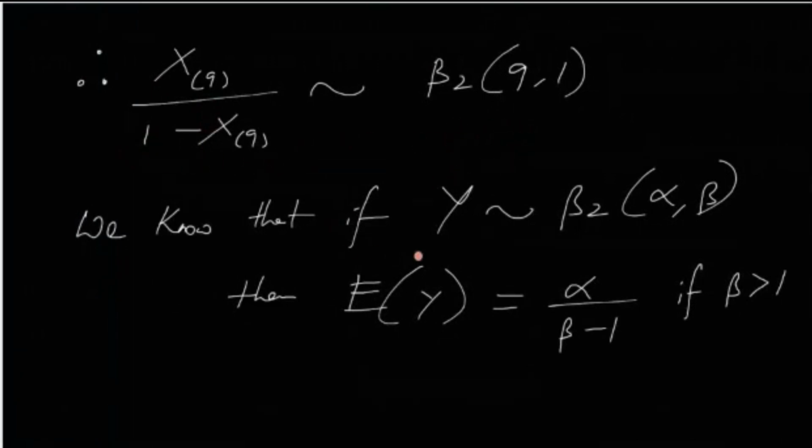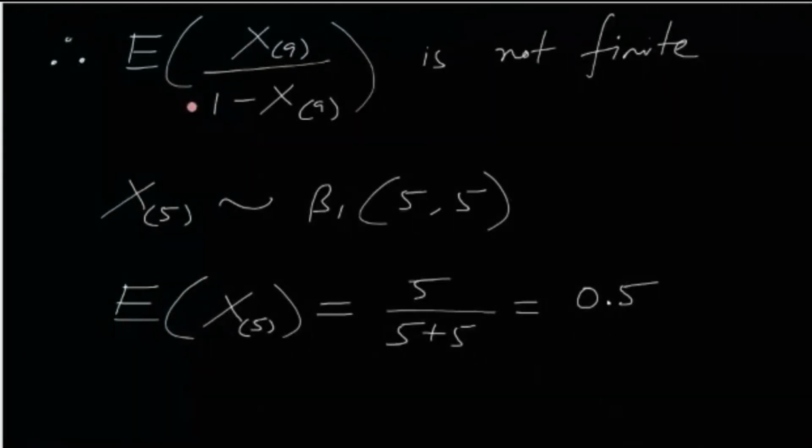Now we know that if a random variable Y follows beta 2 distribution with parameters alpha and beta, the expectation of Y is alpha by beta minus 1 if beta is greater than 1. That means if the second parameter is greater than 1, the expectation is finite and given by alpha by beta minus 1. But here the parameter is equal to 1, therefore the expectation of X order 9 by 1 minus X order 9 is not finite.